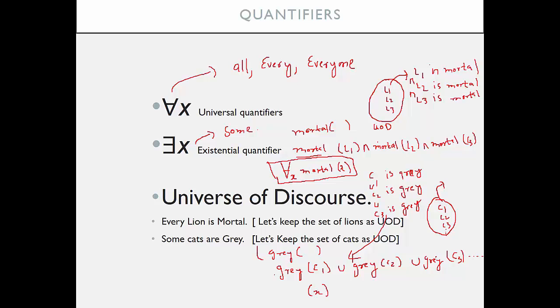This skeleton is remaining constant everywhere. So we represent this thing, which is a variable, with X. And from the above statements, we realize that either one could be gray or more than one could be gray. So we could replace it with something which means there exists at least one X or cat which could be gray. That is represented with this quantifier, and it's called the existential quantifier.